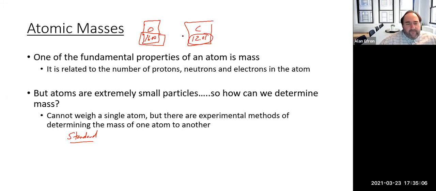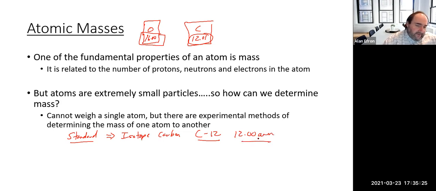And really for the atomic mass, they used an isotope of carbon to do that with. They used what is known as the carbon 12 isotope. Carbon 12 isotope has a mass of exactly 12 AMU. So they chose this isotope of carbon to use for the standard.